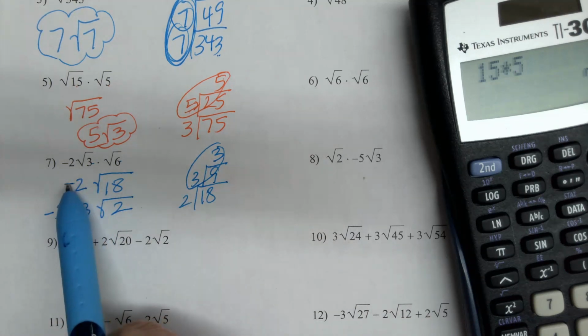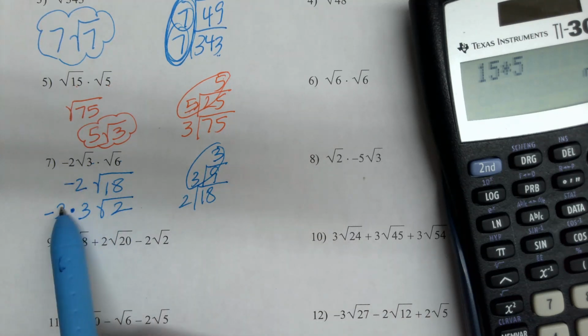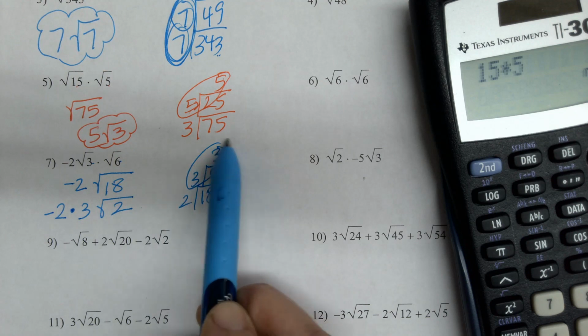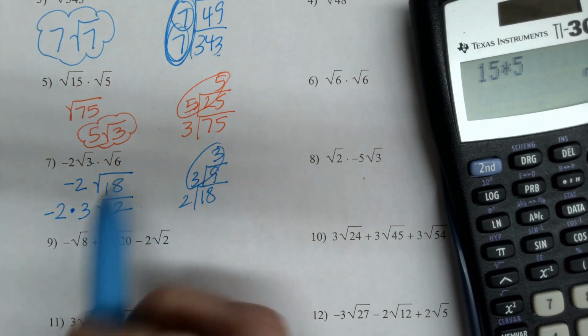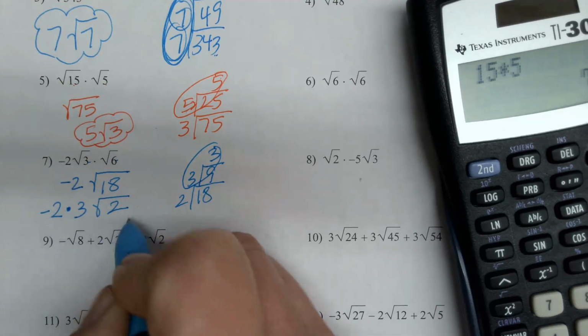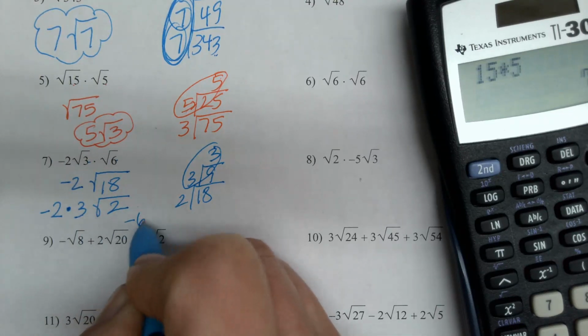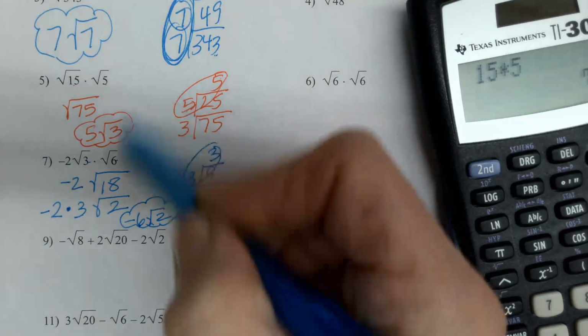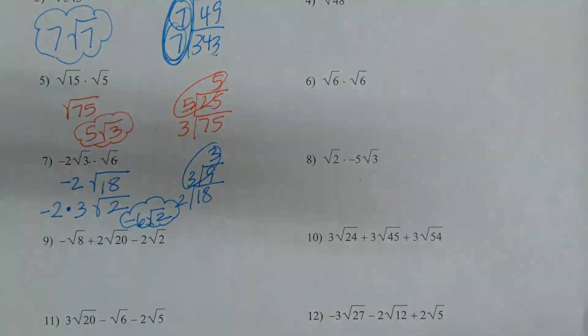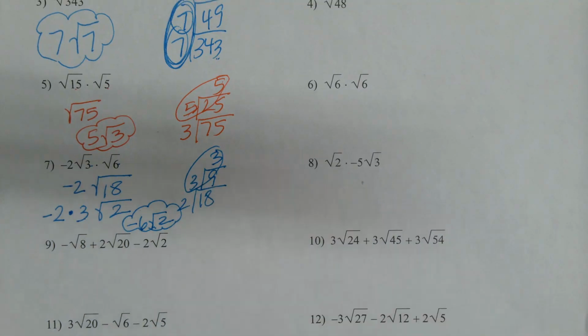So the negative 2 stays out there. The 3 comes from this pair of 3's that I had, and then I had that lonely 2. So my final answer on this one is negative 2 times 3, negative 6 times the square root of 2. So those are the multiplying problems. If I had 2 numbers outside, I'd multiply those together too.